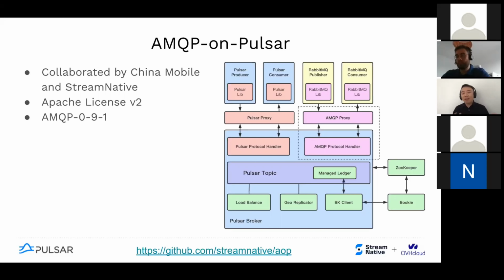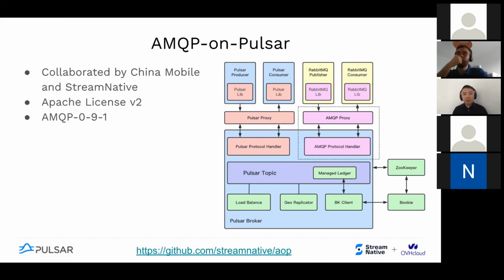Kafka and Pulsar share a lot of commonality, especially since they are both built on the same concept, a distributed log. But in order to support more traditional messaging protocols such as AMQP, we want to show that the foundation of Pulsar itself is great enough that you are able to support existing messaging protocols and also reduce the barrier for other messaging applications to use Pulsar.